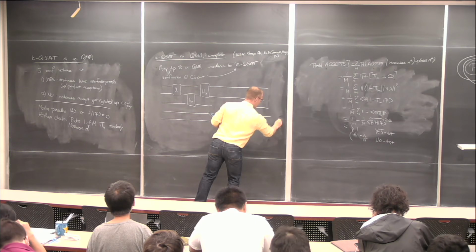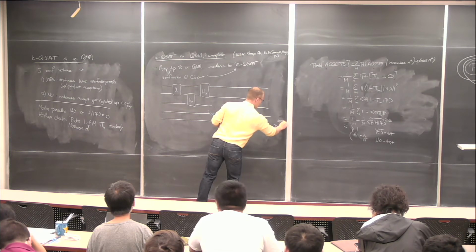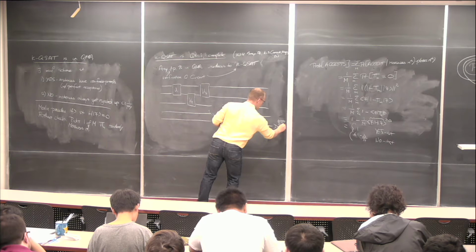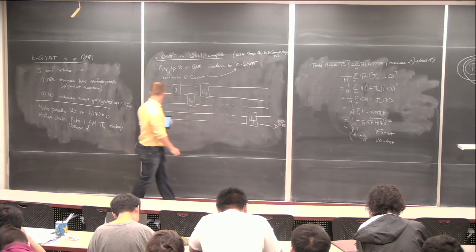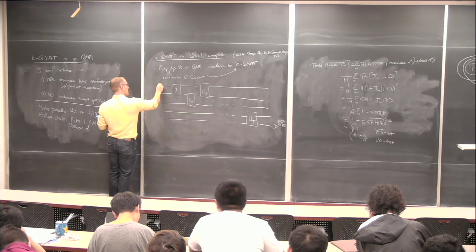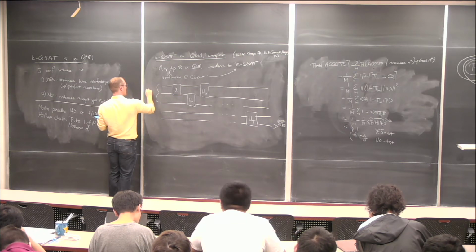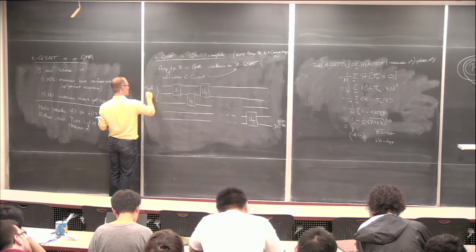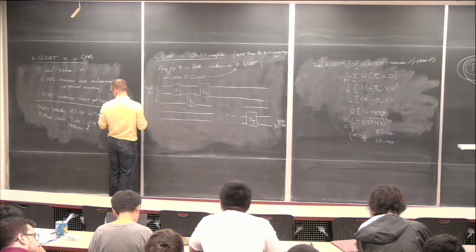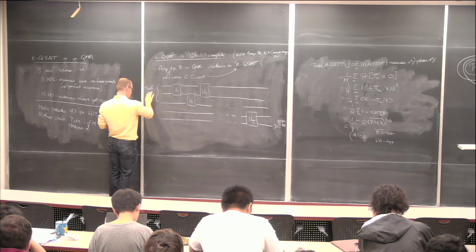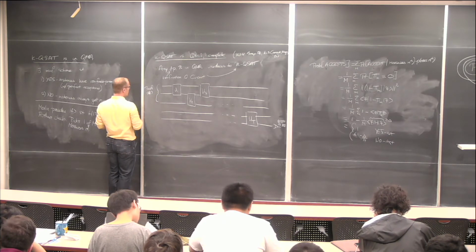This is our accept, reject. What do we put in at the beginning? Well, we need the proof that Merlin provides. I'm going to call it W for witness.